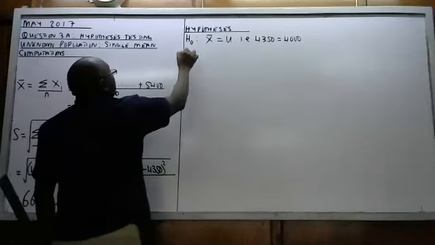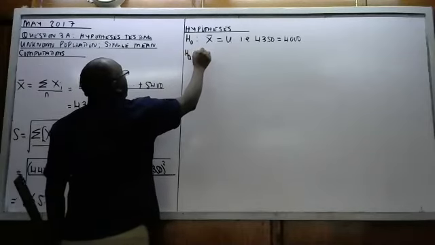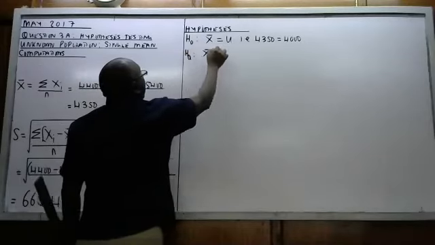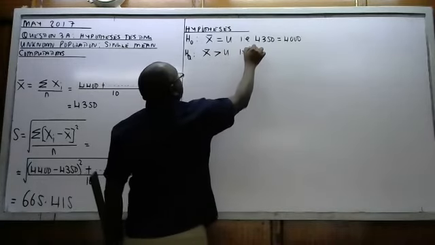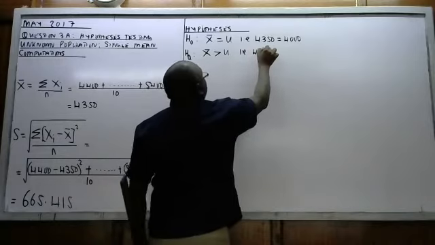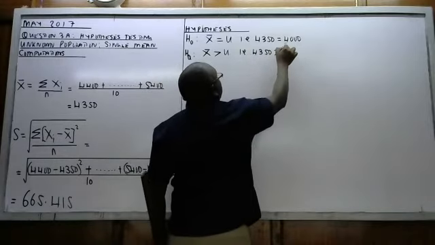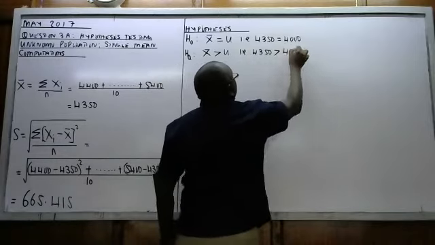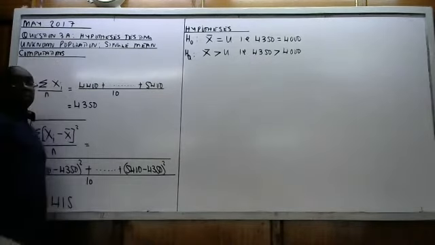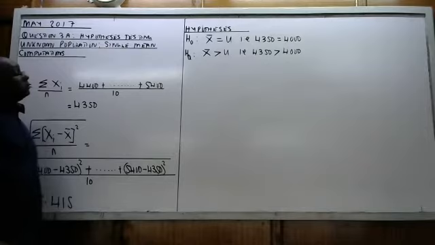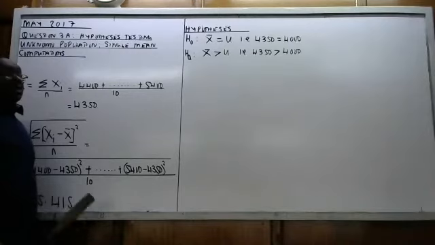The alternative, H A, is that X bar is greater than mu. That is, 4350 is greater than 4,000.